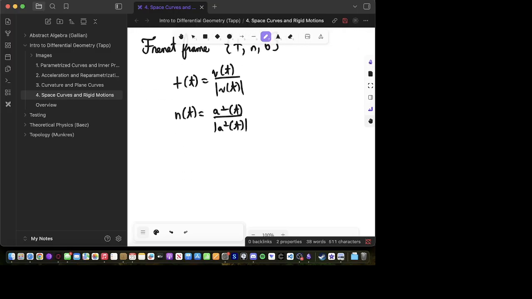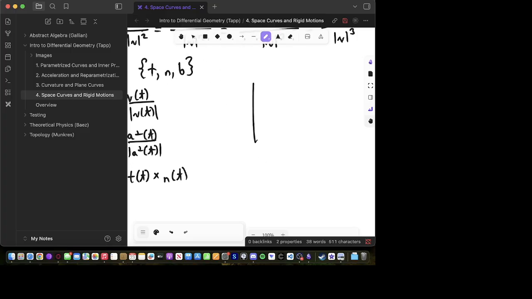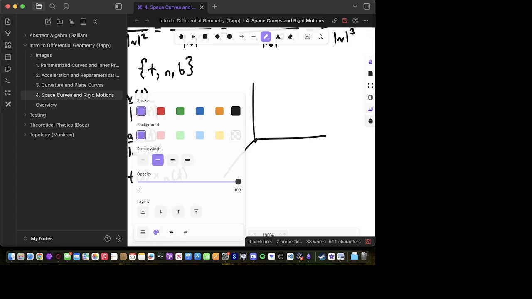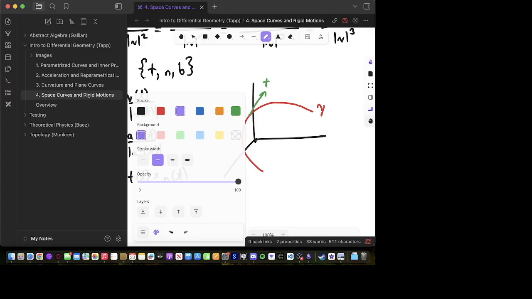And then the unit binormal is simply the cross product of the unit tangent and the unit normal. So let's say we have a curve going this way. This is our unit tangent.